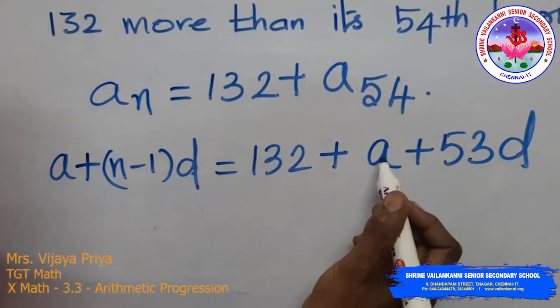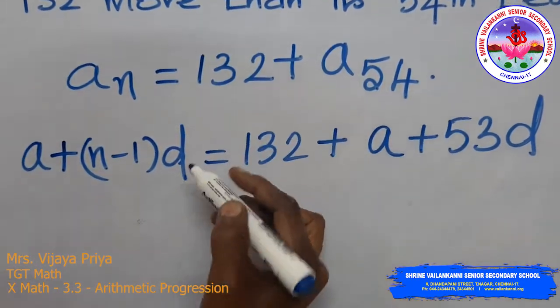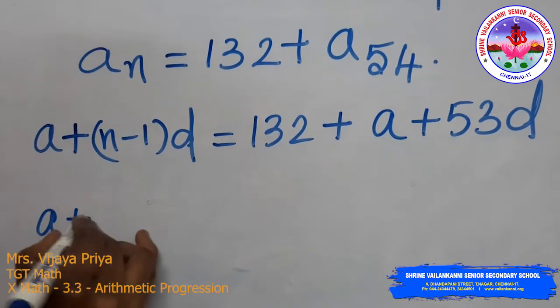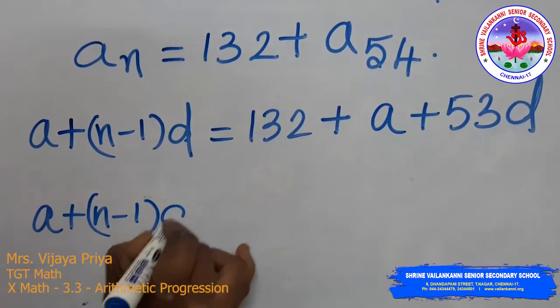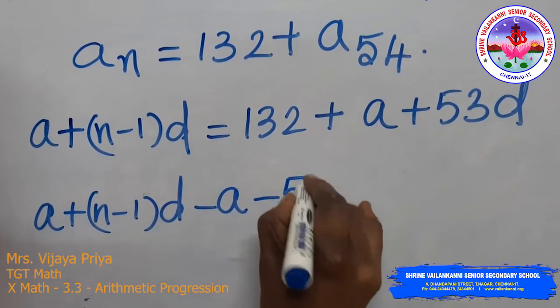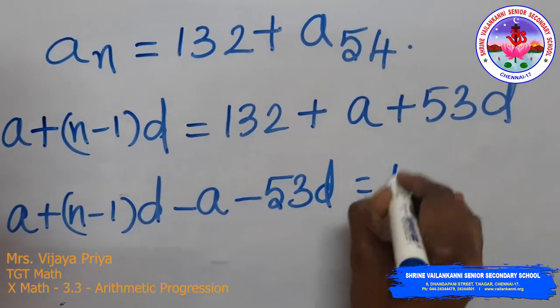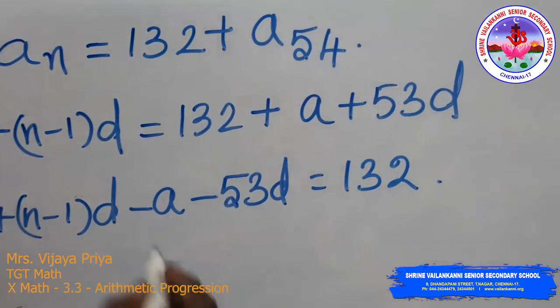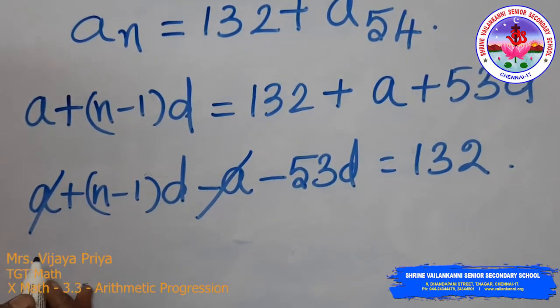So I am going to take my a and d to the other side. I will get a plus n minus 1 into d, plus a becomes minus a and plus 53d becomes minus 53d, which is equal to 132. Plus a minus a gets cancelled.